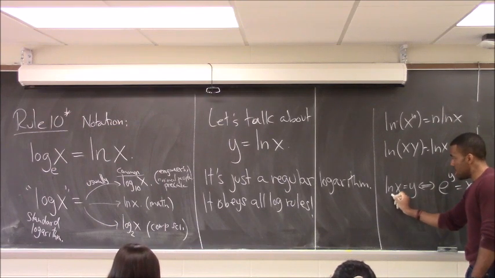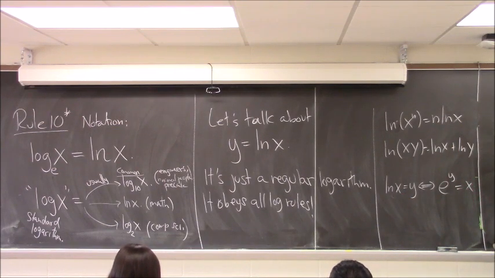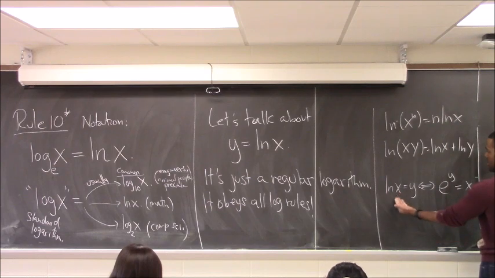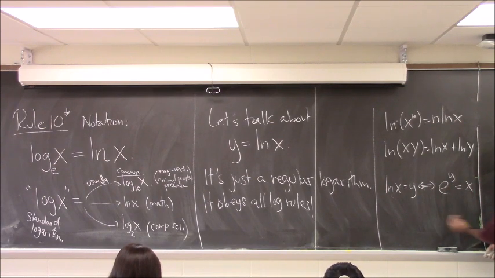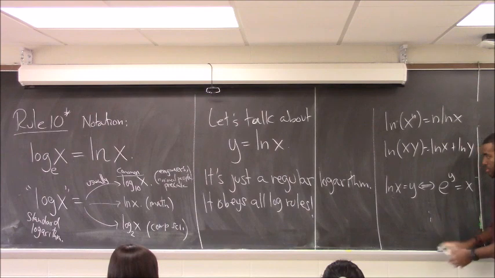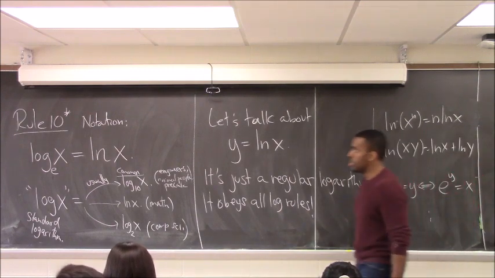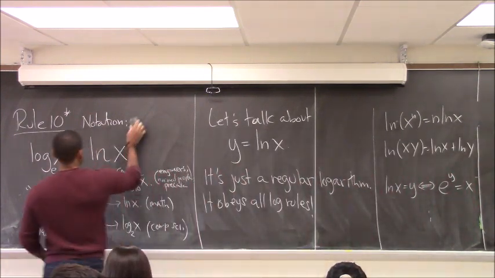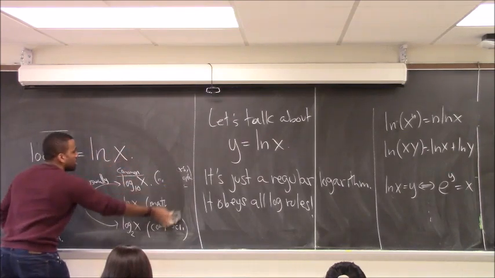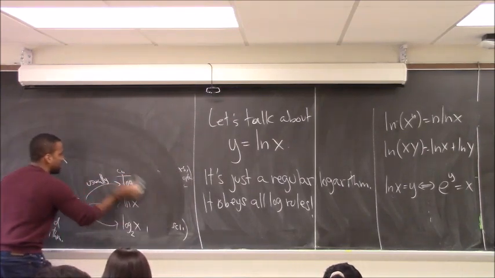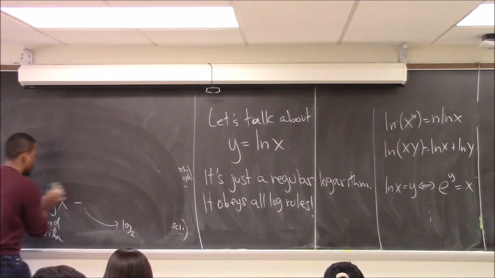Because the base here is e, we just didn't write it. So saying ln of x equals y is exactly the same thing as saying e to the y gives me x. Take the base e raised to the power y, I would get x, right? So all the rules work the same. But it's just very convenient because the calculations actually work out nicer when you're in advanced mathematics with ln than it does with other logarithms.